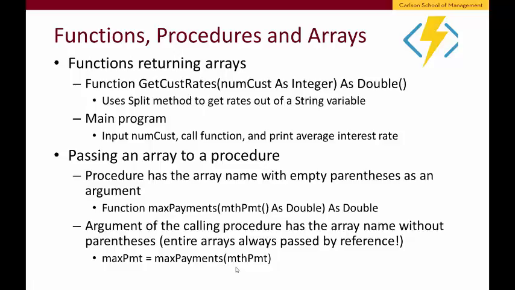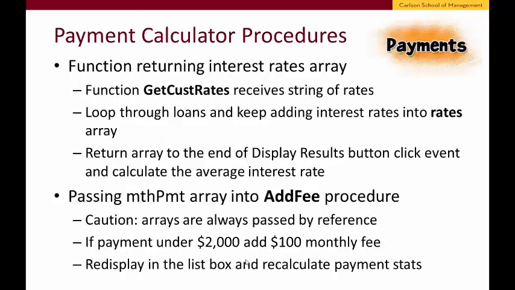The key thing to remember, however, is that an array like mthPmt right here is always passed by reference. So changing the array elements within this procedure or function will change the array elements in the main.